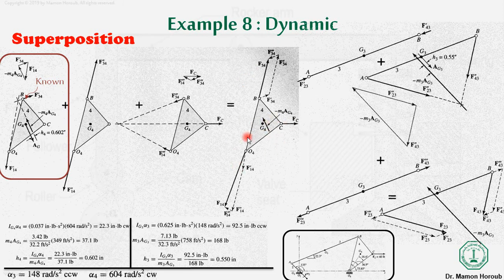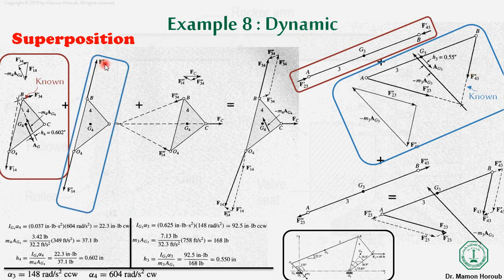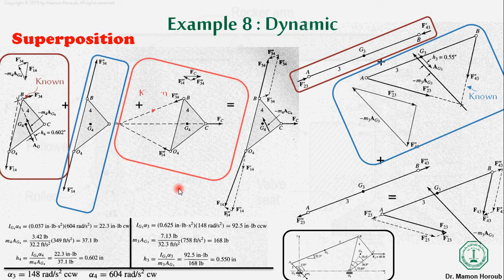So we did it for link 4, and then we did it for link 3. Now we will come to link 2. But you see, once you have done it for link 4, it will give you F43; similarly once you have F43 double prime known, it will give you F34 double prime, and once you have F34 triple prime known, it will give you F43 triple prime.